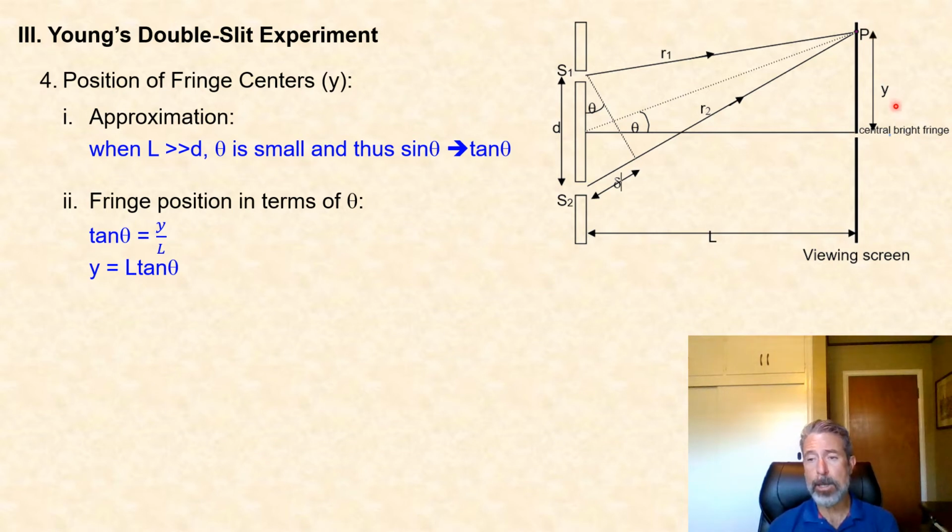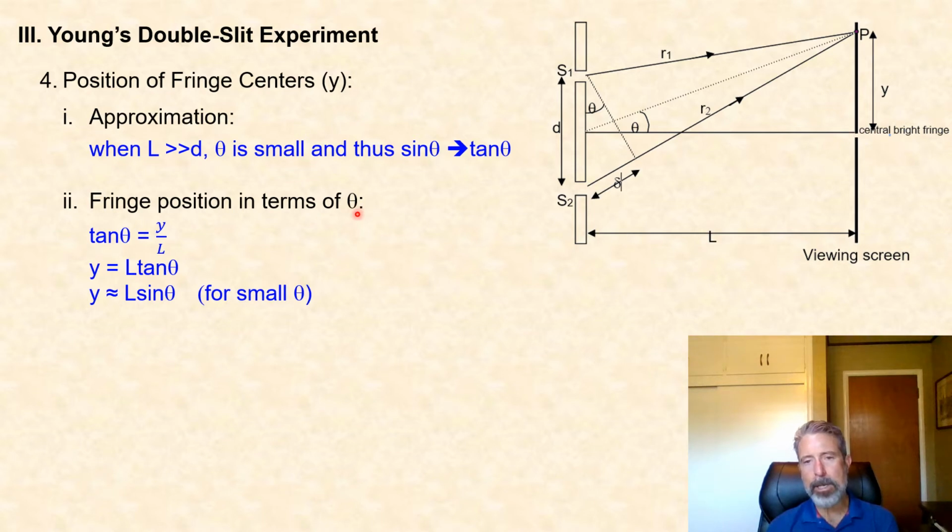So y gives us a measure of the distance to a particular fringe on the viewing screen from the center. So y is equal to L tan theta, and then we can use our approximation to say that this is about equal to L sine theta for small theta.